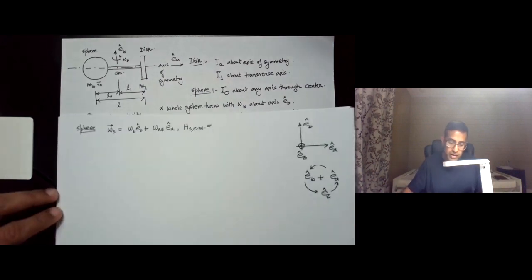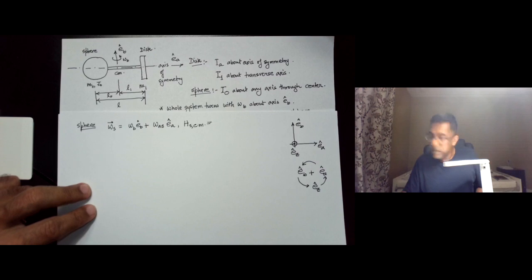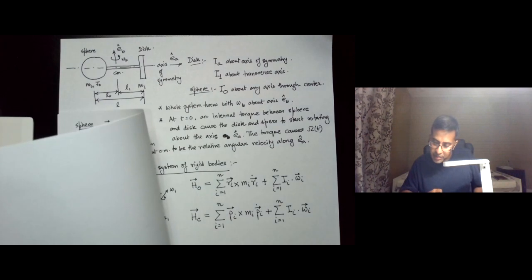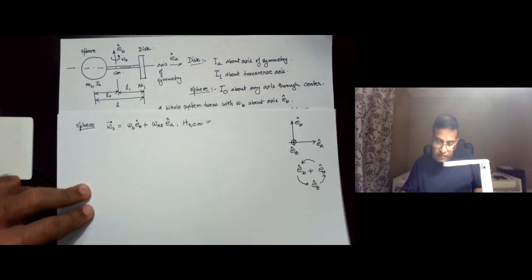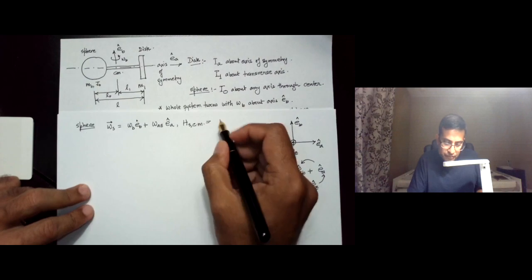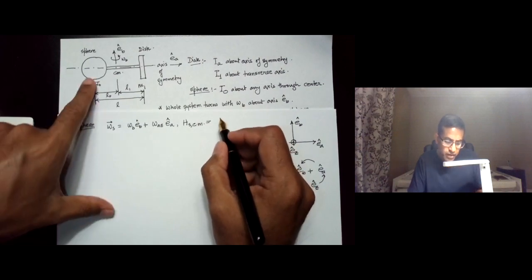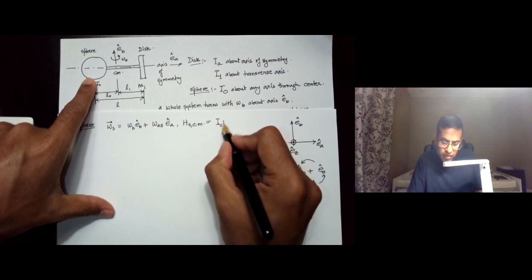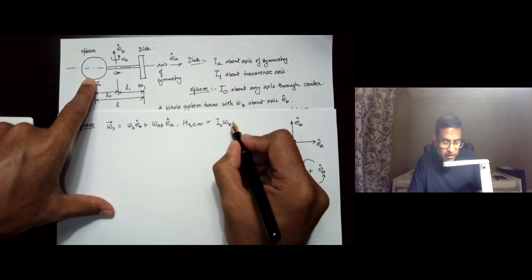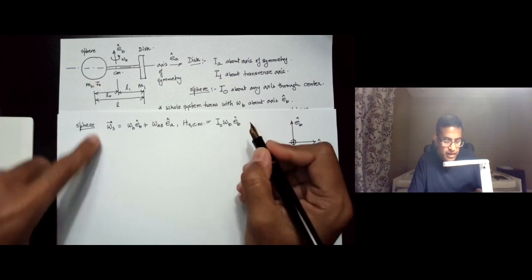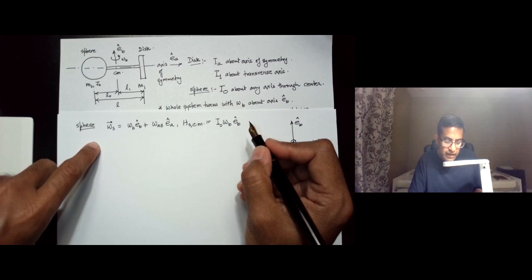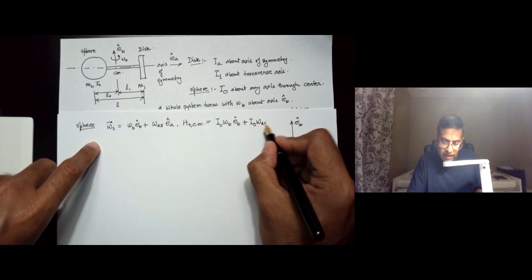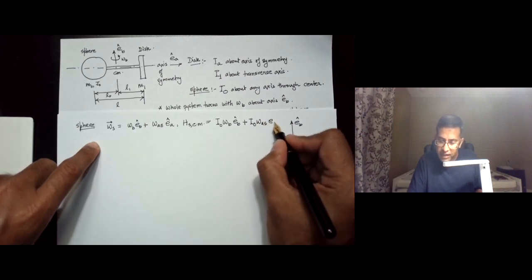Let me just check the expression. So I of the sphere times the omega of the sphere: the sphere is going to have I O omega b in the EB direction, and it is going to have an I O omega AS along the EA direction.